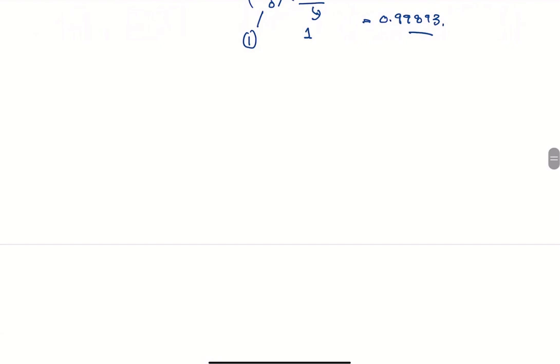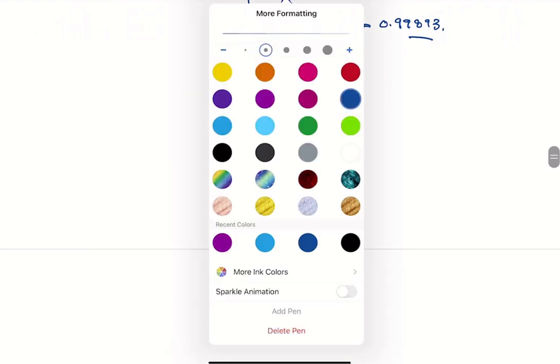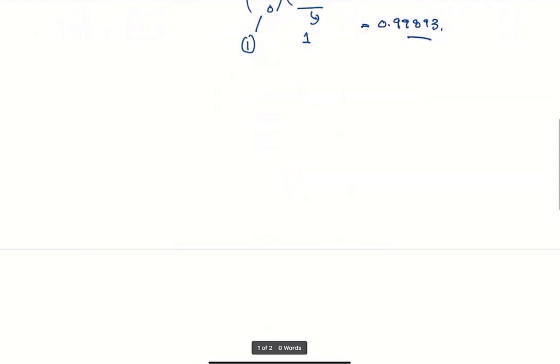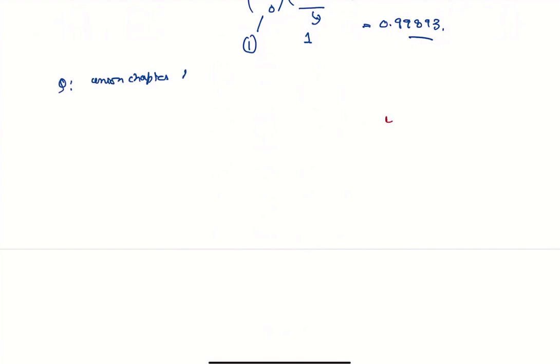Next question is, a union chapter has 32 male and 26 female members.